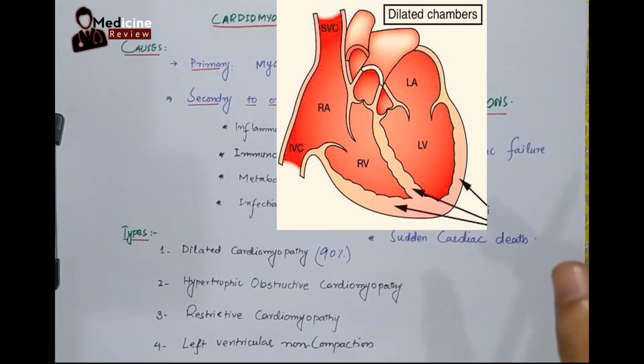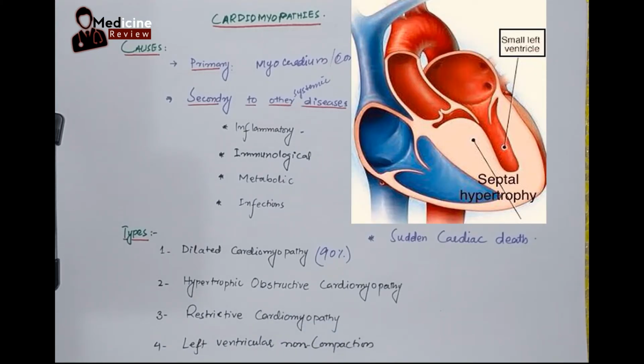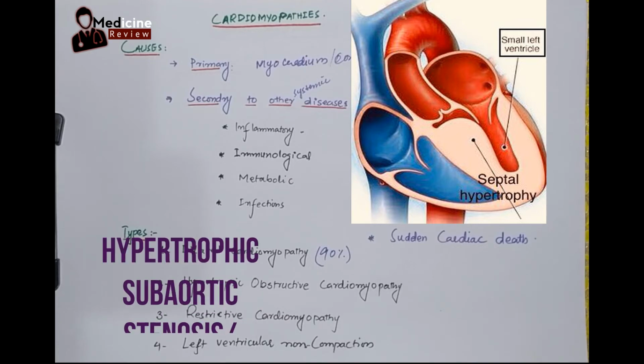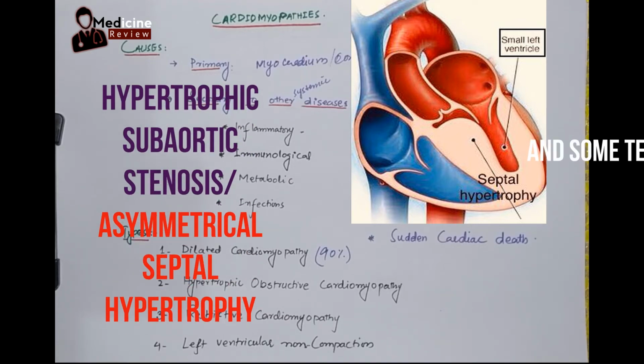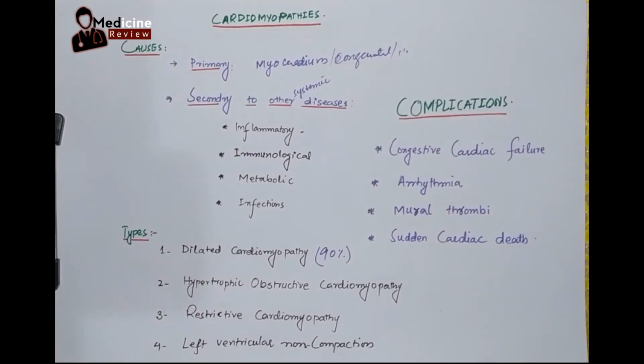So there will be systolic dysfunction and it can lead to congestive heart failure. Another one is hypertrophic obstructive cardiomyopathy, which is also called idiopathic hypertrophic subaortic stenosis, or asymmetrical septal hypertrophy, where there is diastolic dysfunction.